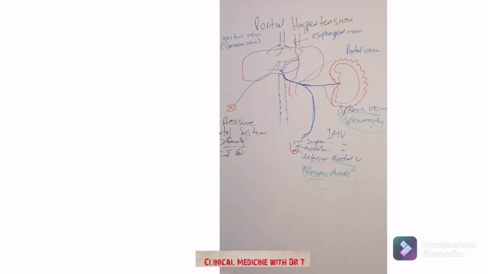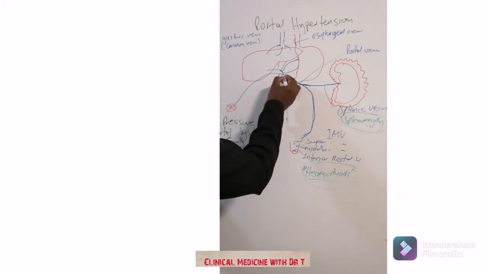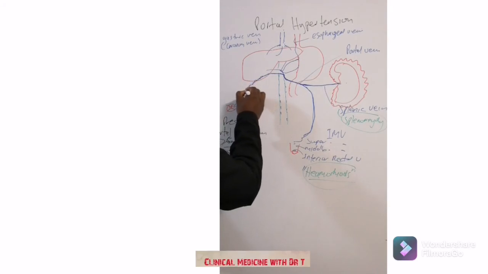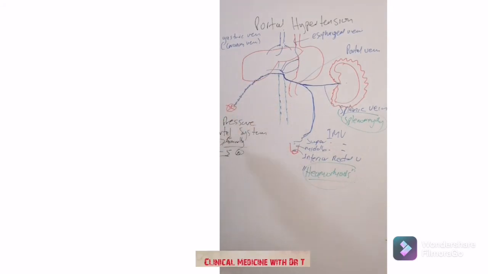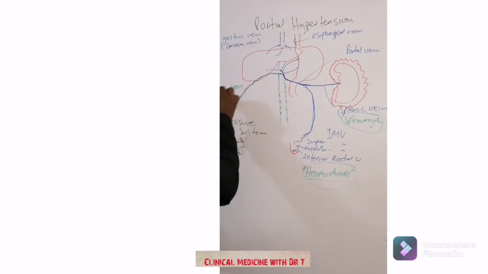So the same thing is going to happen to the umbilical vein. And then you will get what they call spider nevi. Spider nevi, whatever they call it.